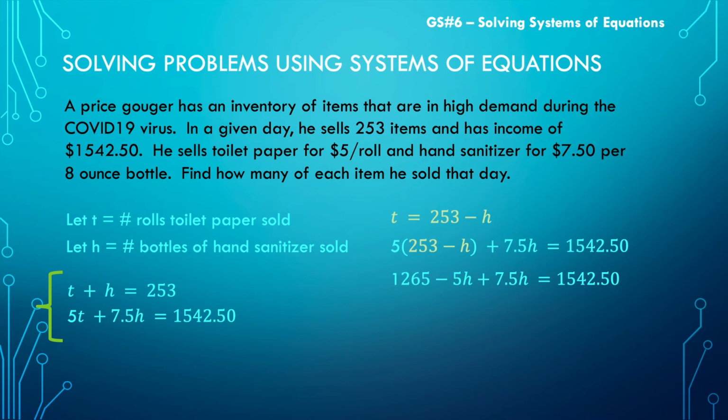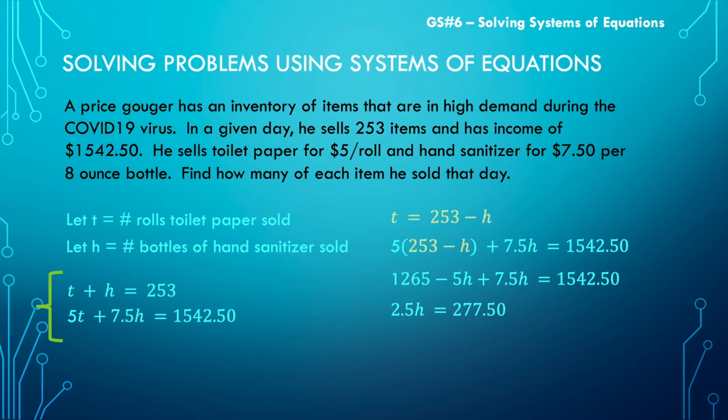That's a mouthful. Now if I combine like terms on the left-hand side and bring this remaining constant over to the right-hand side, I am left with a simple resulting equation: 2.5h is equal to 277.50.